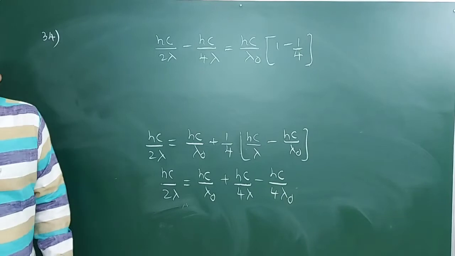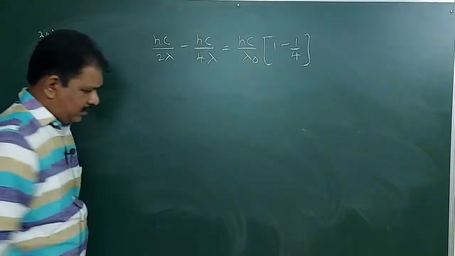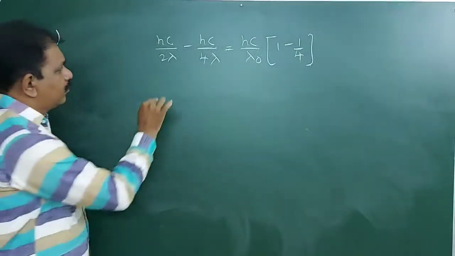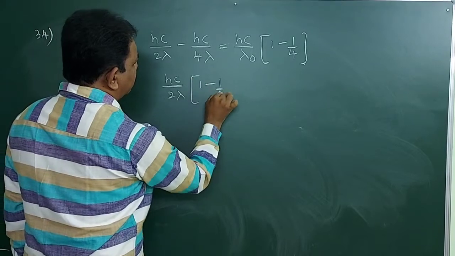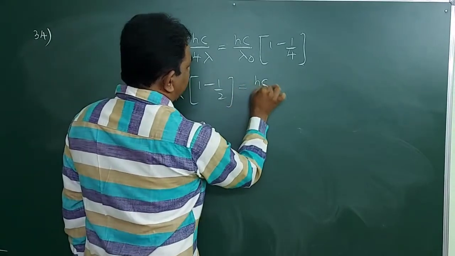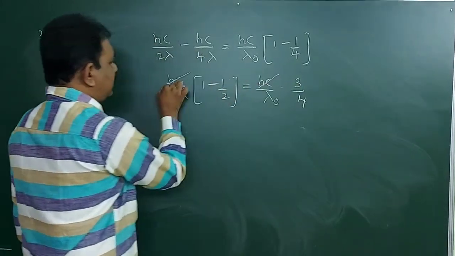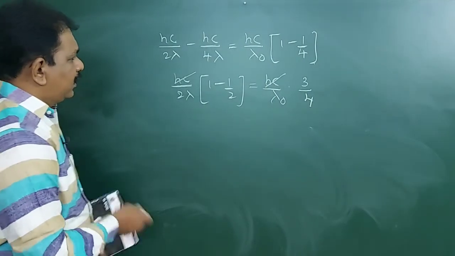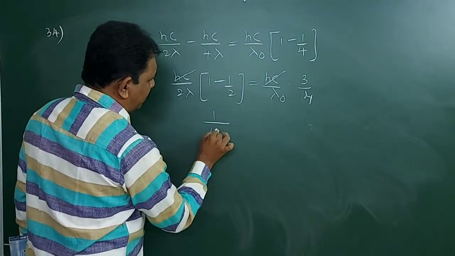Here hc by 2 lambda you take common: 1 minus 1 by 2. So hc by lambda naught into 3 by 4. hc will cancel. 1 minus 1 by 2 is 1 by 2, so 1 by 4.